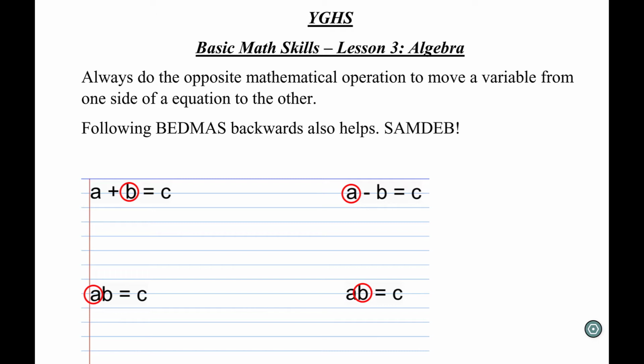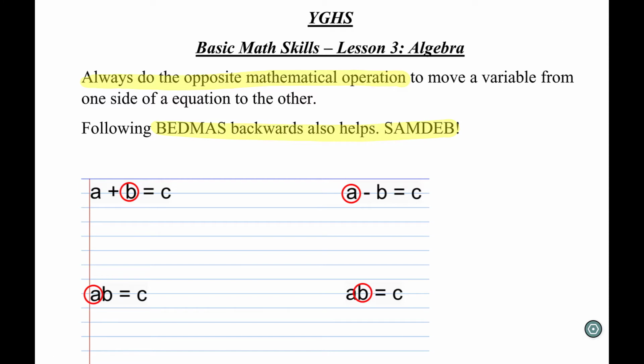The first thing I want to say is whenever you want to isolate a certain variable, you essentially always want to do the opposite mathematical operation to move it from one side of the equation to the other. Another thing that helps is doing this in the order of BEDMAS backwards, or SAMDEB.